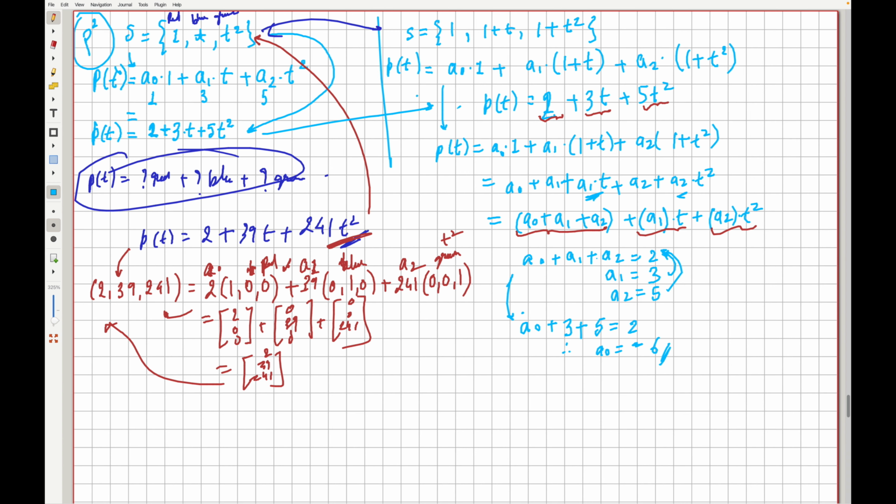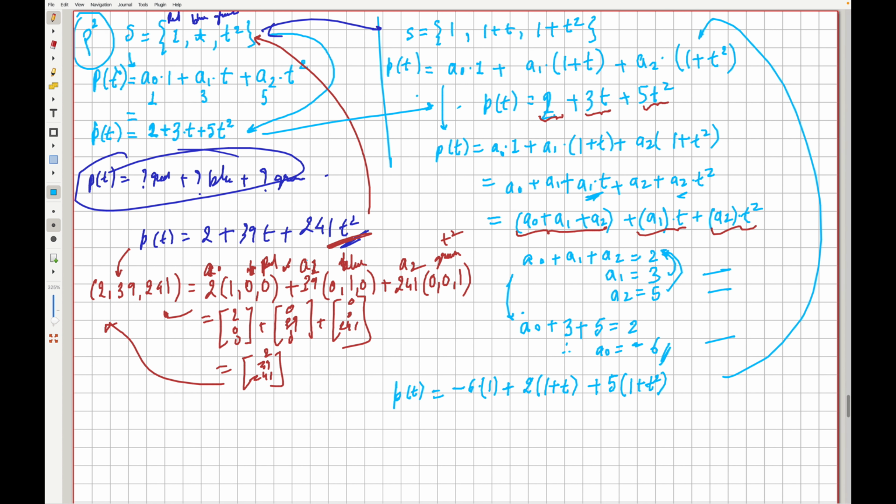And thus our final coefficients are these: minus 6, 3, and 5 for a0, a1, and a2, and we can then put that back in this equation. So the polynomial would have to be written as follows: minus 6 times 1, plus 2 times 1 plus t, plus, or rather minus, right, plus 5 times 1 plus t squared.